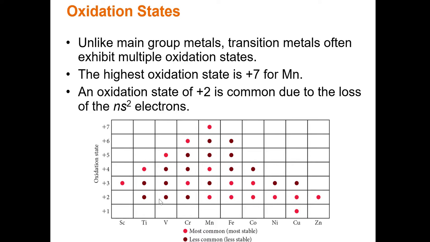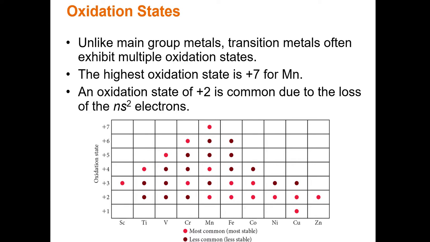And then for most of them, the +2 is very common, and we don't have a lot of +1, so copper is kind of the exception there. And if you think about what we had for that electron configuration, that's the one that has 4s1 3d10. So losing that s1 is fairly easy for it to do.